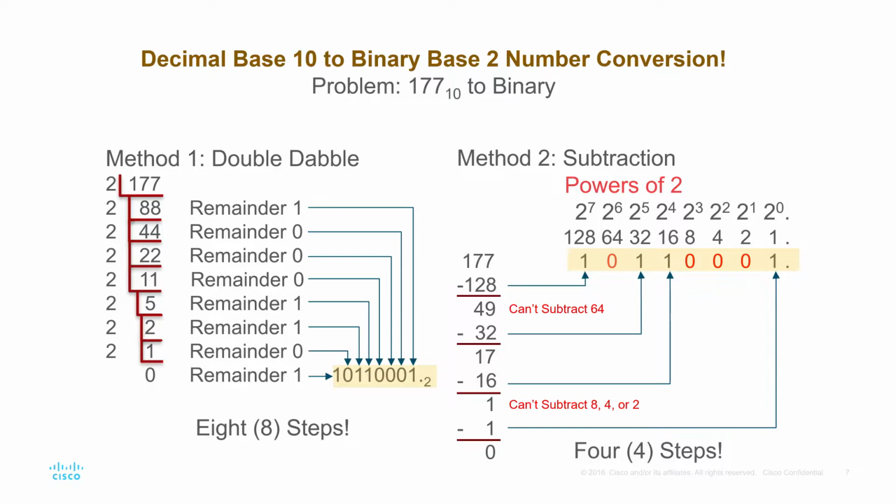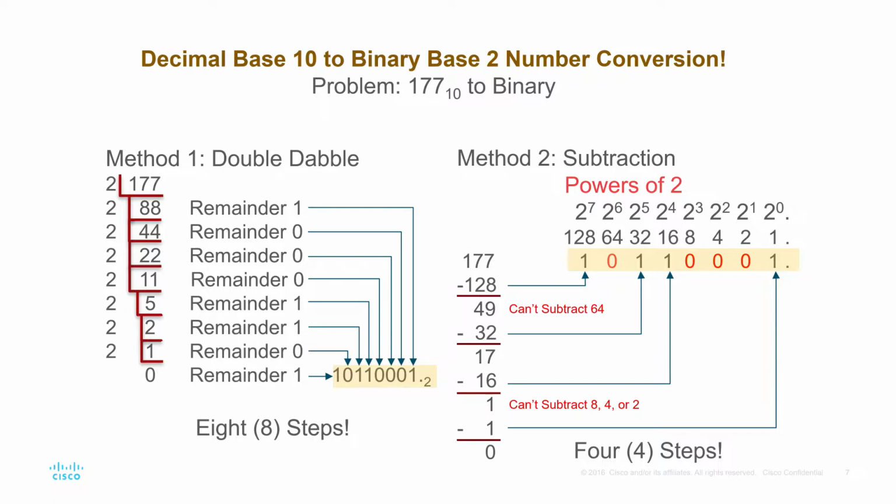We divide the 44 by 2, 22, with a remainder of 0. We divide the 22 by 2, 11, with a remainder of 0. We divide the 11 by 2, 5, with a remainder of 1. We divide the 5 by 2. Answer is 2, with a remainder of 1.